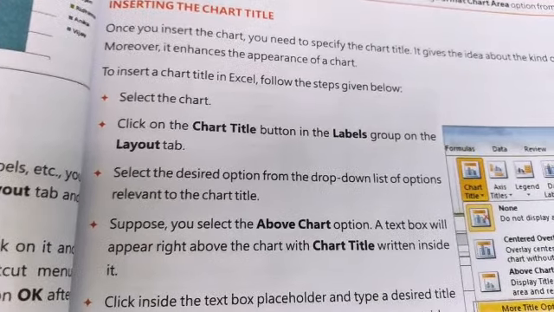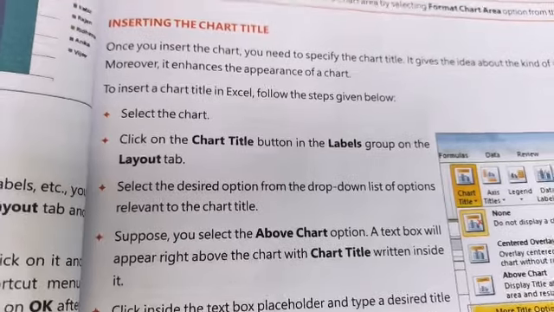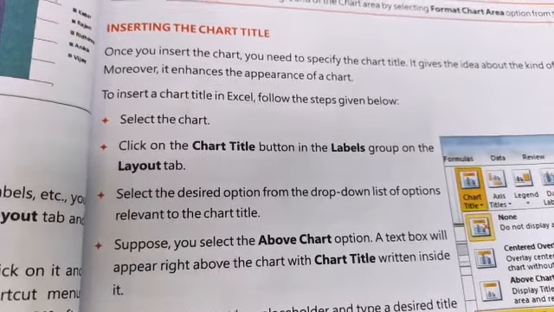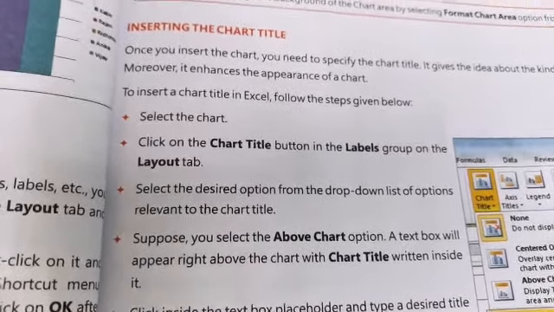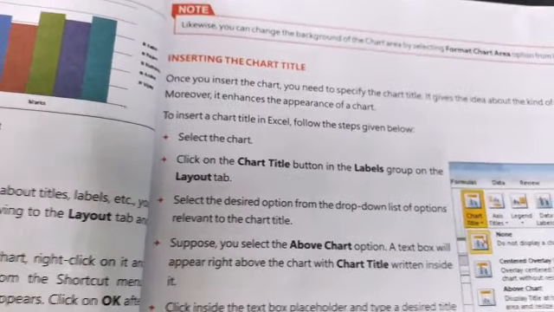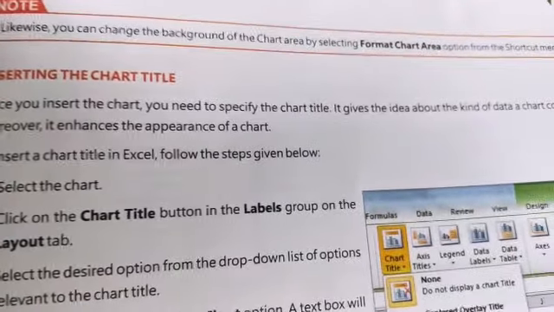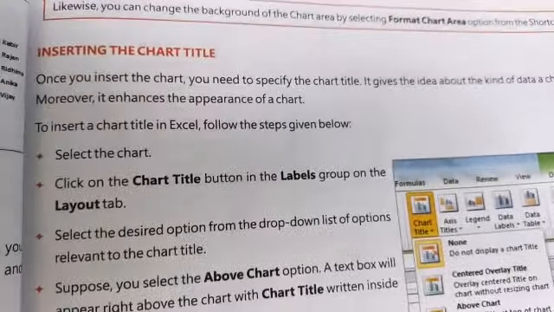After performing all these steps, you can give a title to your chart by using the different formatting options available in Excel, and you can give the chart title according to the chart you are making.